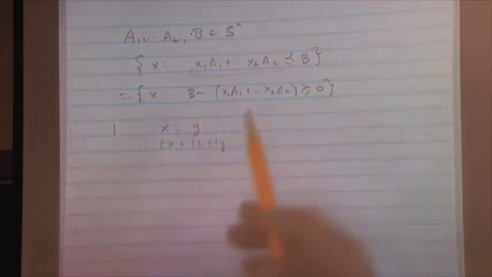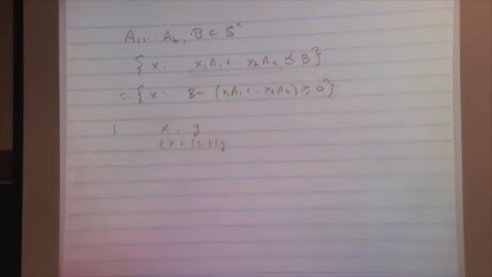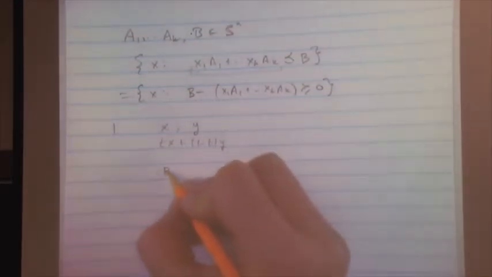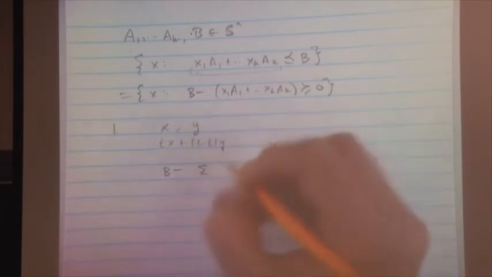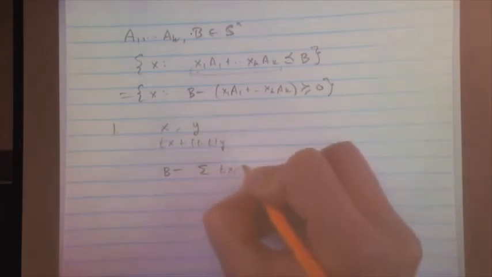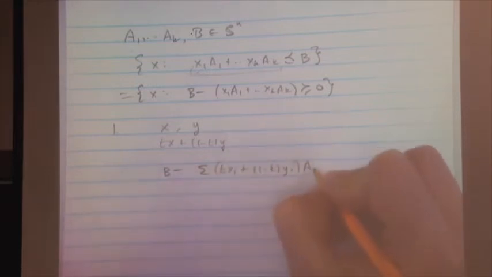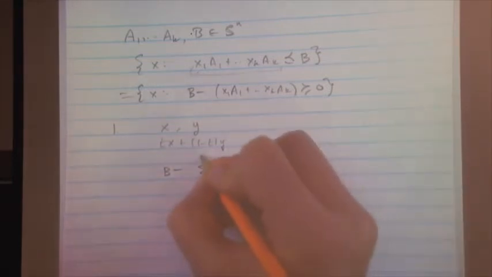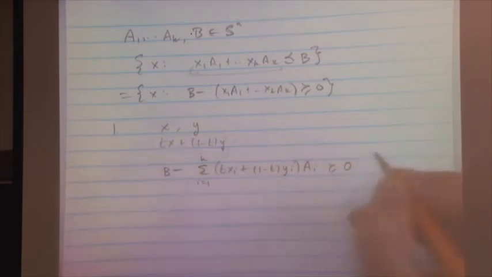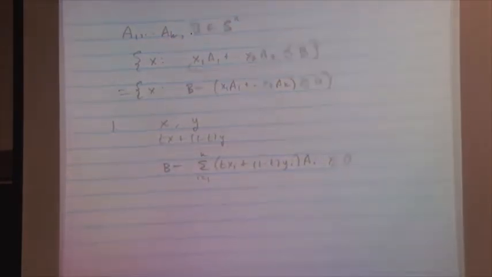So I have to check that this inequality is still true if I take these weights on the matrices A. That means that B minus the sum of (t x_i plus (1 minus t) y_i) times A_i, i equals 1 to k, has to be positive semi-definite.